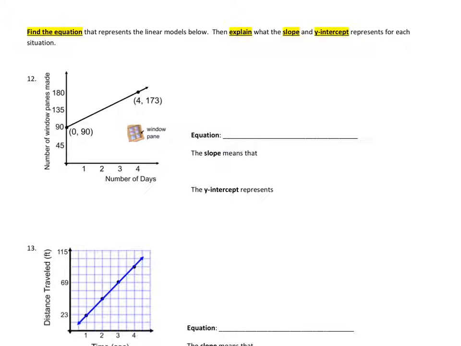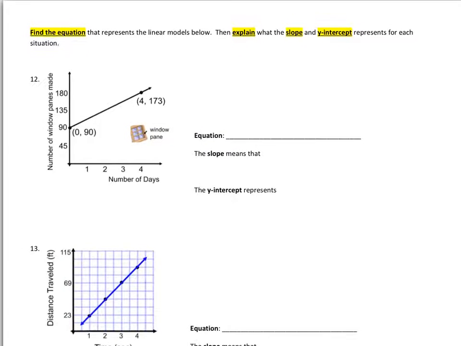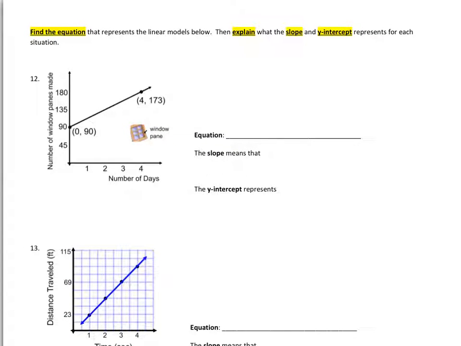To find an equation for an existing line, we need to remember we have the formula y2 minus y1 over x2 minus x1. That'll give us slope.